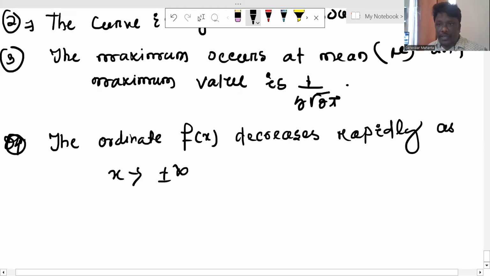We can see the ordinate f(x) decreases rapidly when x tends to plus or minus infinity.